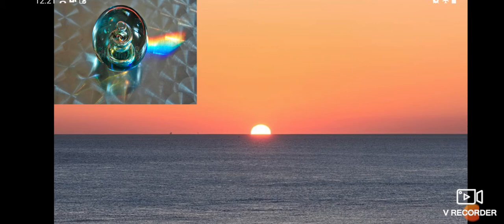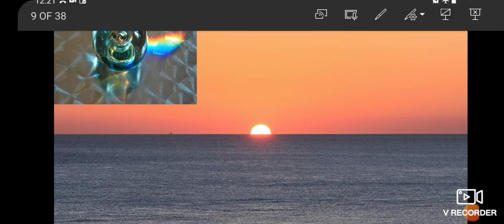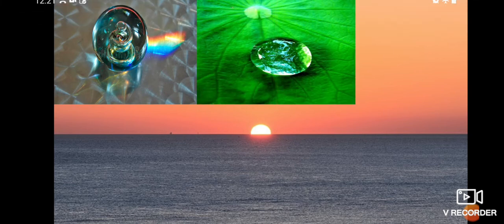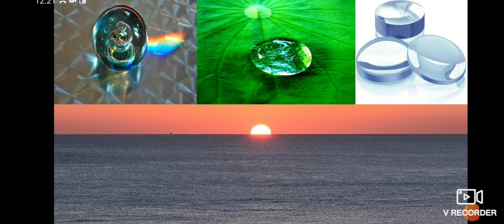This is the paper weight. If you pass any light ray, see here we get different types of colors. Oh wow, this is a droplet on the surface of the leaf. See here how it is refracting.